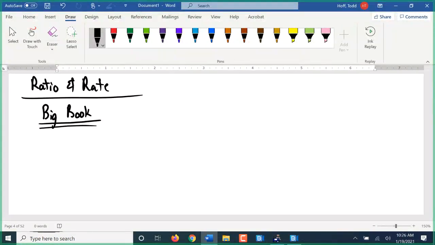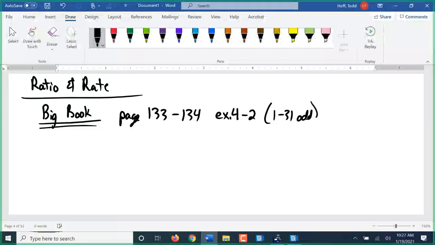But for now, in the big book, on pages 133 to 134, exercise 4-2, odd number problems. So 1 through 31, the odds. That'll be your homework dealing with ratios and rates.